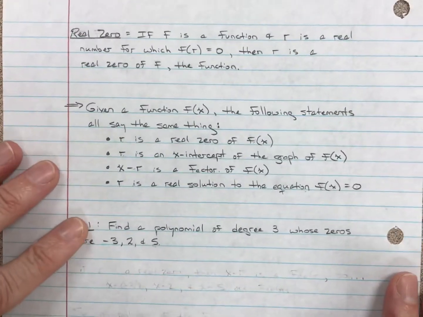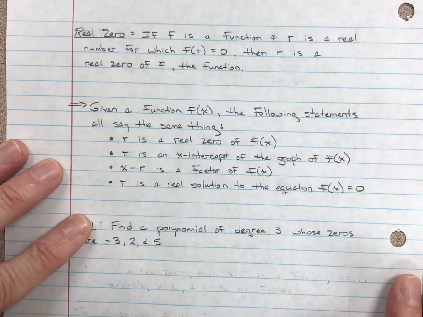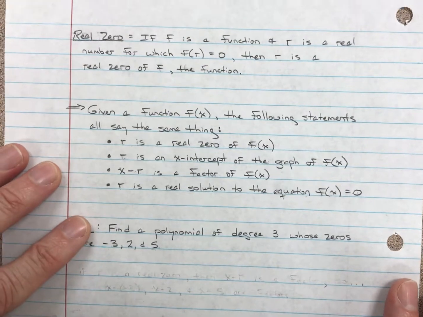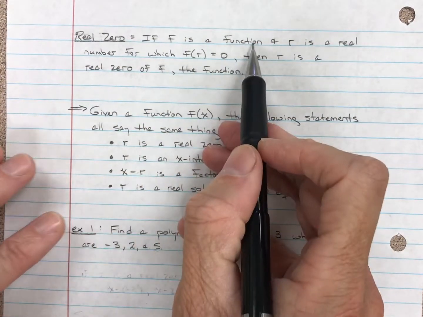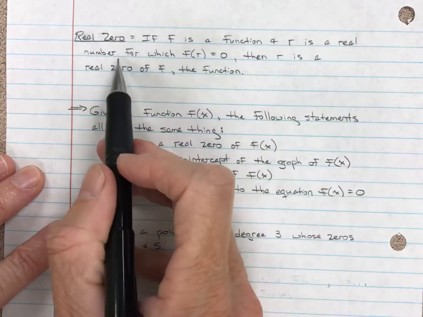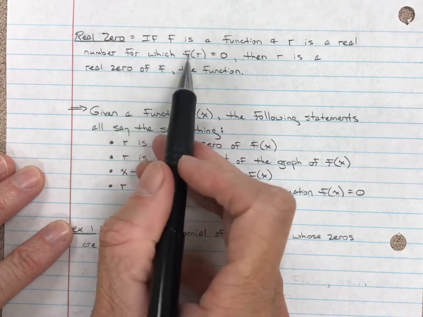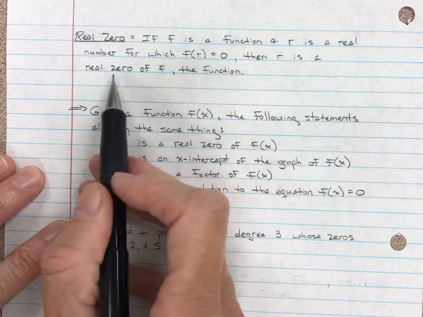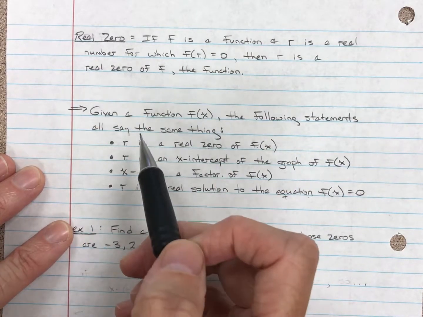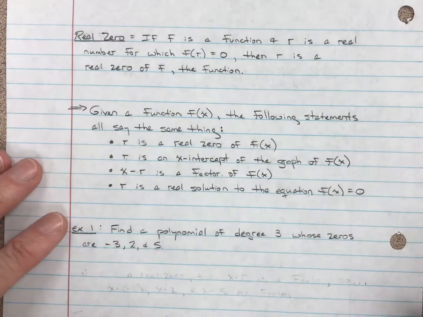So we're going to define the word real zero. Okay, a real zero: if f is a function and r is a real number for which f of r equals 0, then r is a real zero of the function. So what's a real zero?